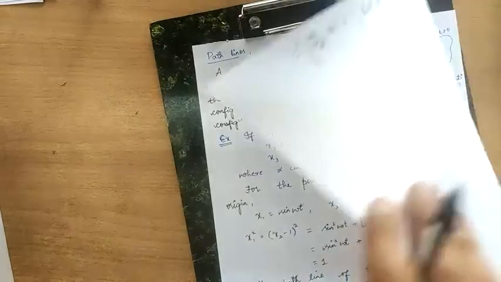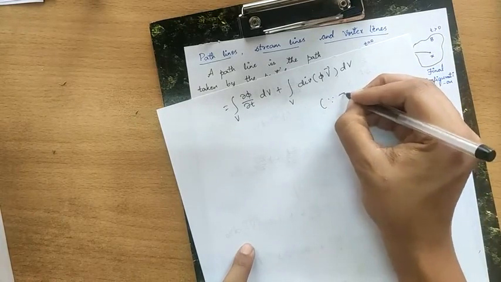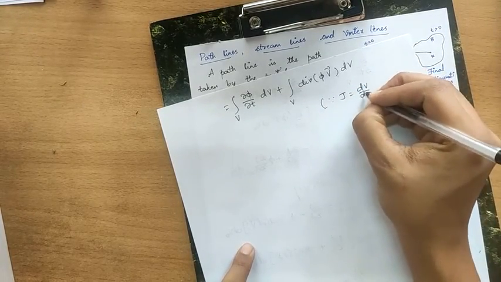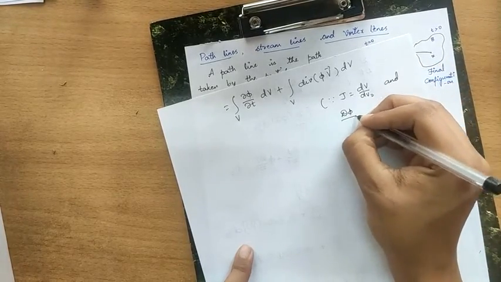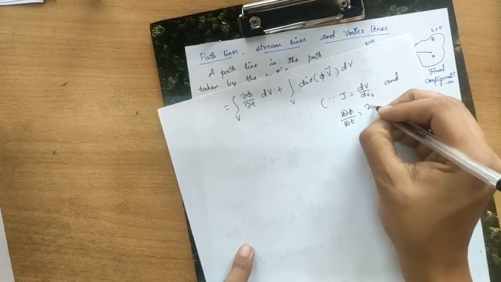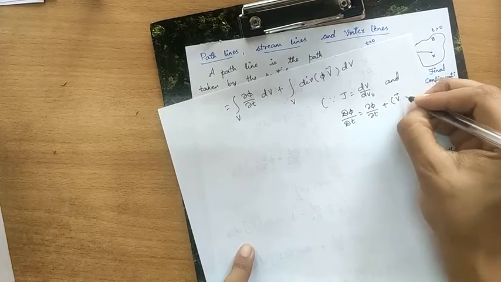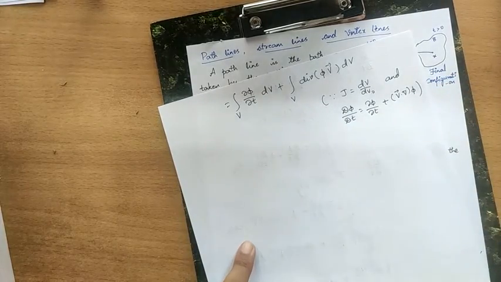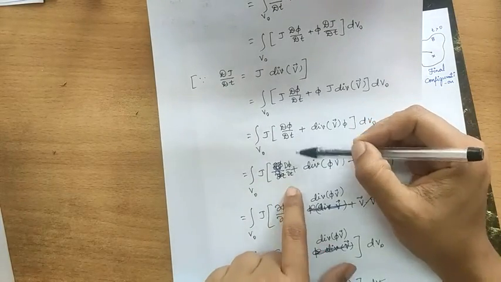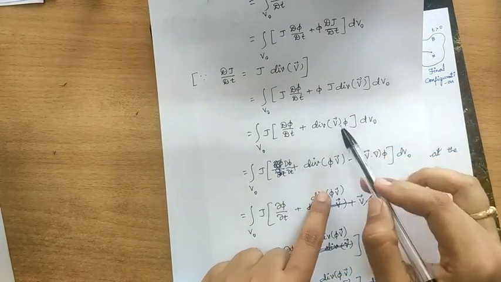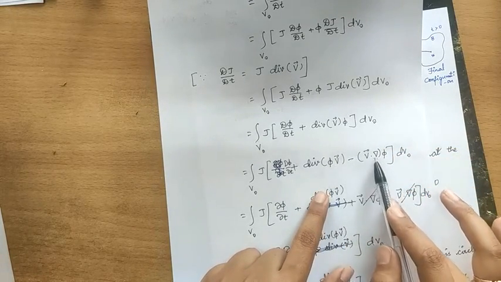That's it. Now let me write the reason here. J is equal to dV by dV0, and d phi by dt is equal to dou phi by dou t plus v dot del phi. Sorry, a small mistake I have made. Here d phi by dt I have retained as it is, and using vector identity you can write this as divergence of phi v minus v dot del phi.